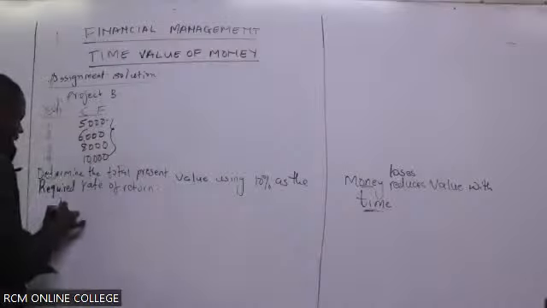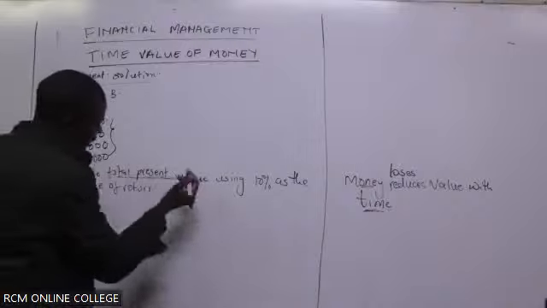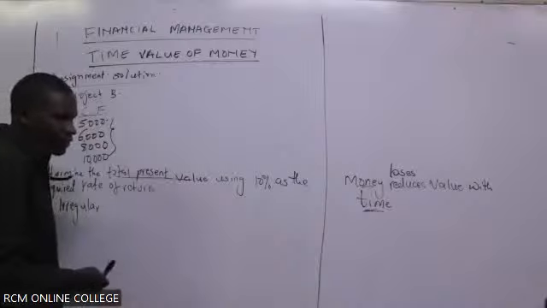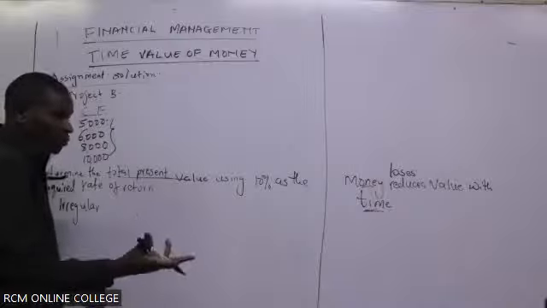And for irregular cash flow, if you want to discount to get the present value, that simply means you are trying to convert this future cash flow into present.